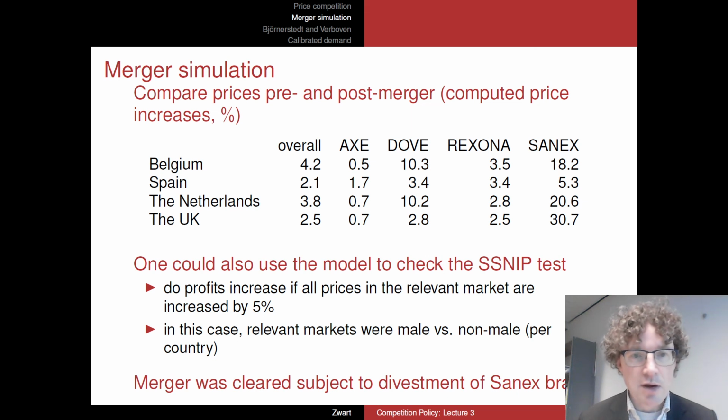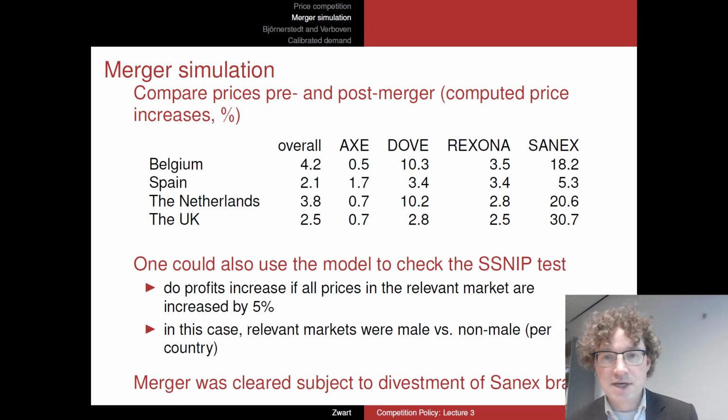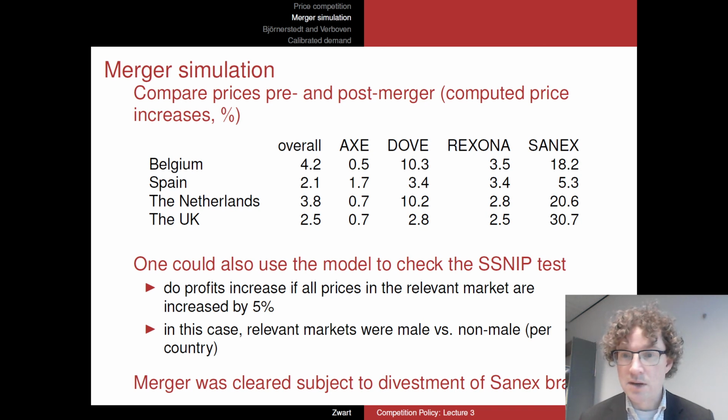As a last remark here, you could also use this simulation model to carry out the SSNIP test. And there's a little paragraph in the paper that deals with that. So remember what the SSNIP test was, the small but significant non-transitory increase in prices test. It was a test to determine what the relevant market is for these products.